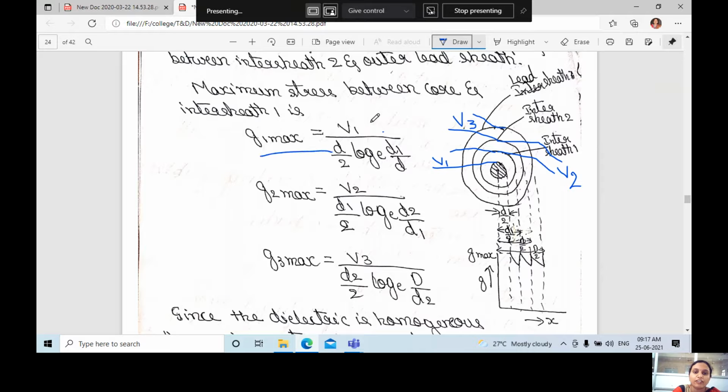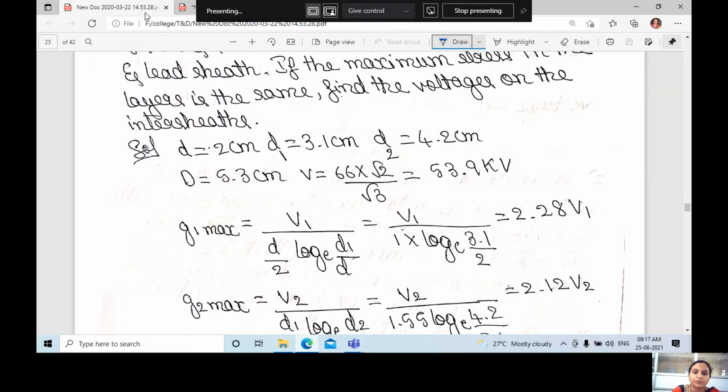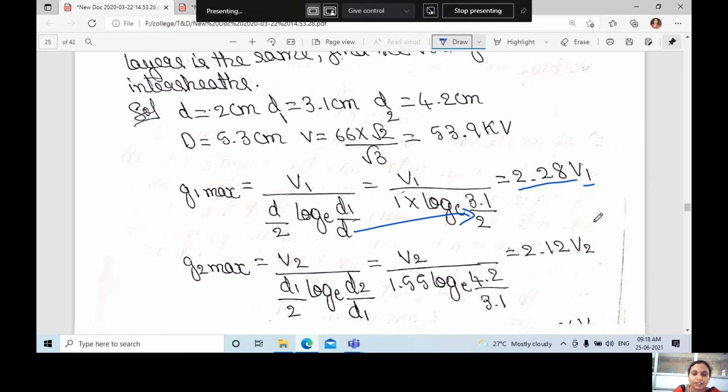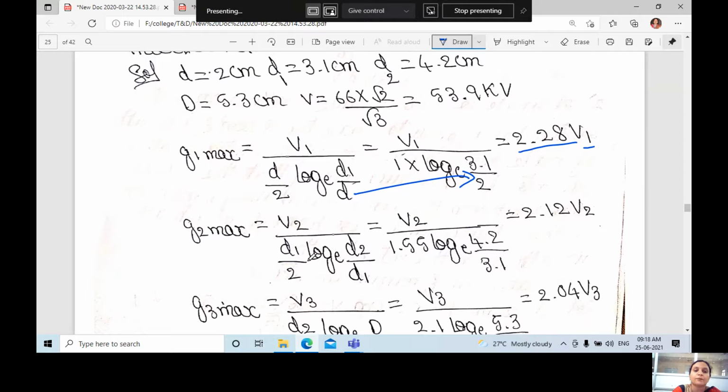G1 max is equal to V1 divided by d by 2 log e D1 divided by d. We know the d value and D1, so substitute the values. After substituting, we get 1 divided by 1 into log e 3.1 divided by 2, which is nothing but 2.28 into V1, because we don't know the value of V1 and need to find it out.